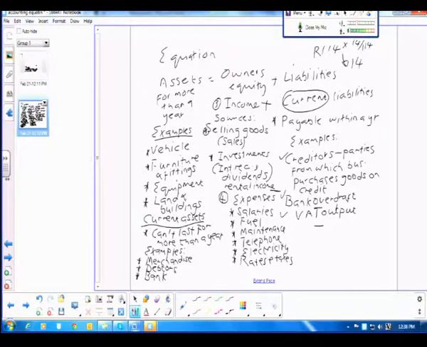Just pay attention because that question has got all the items listed, and what we need to do is to determine whether it's an asset, whether it's an owner's equity element, or whether it is a liability. So basically that will reinforce our understanding of the elements of owner's equity. All right, so let's just save it.